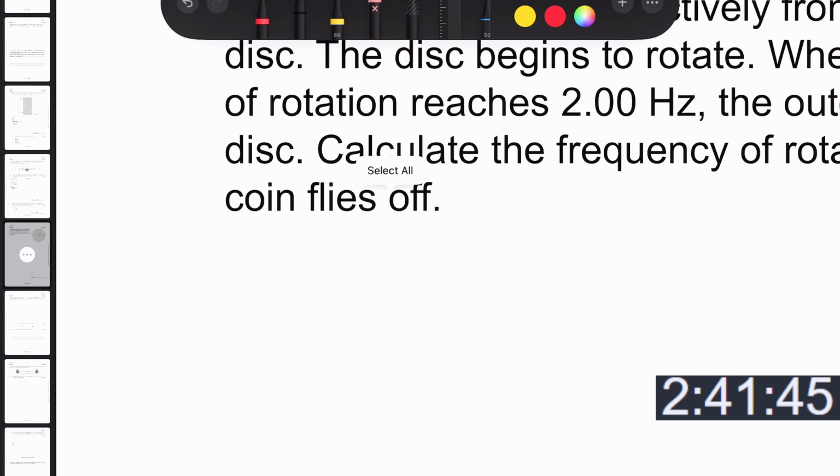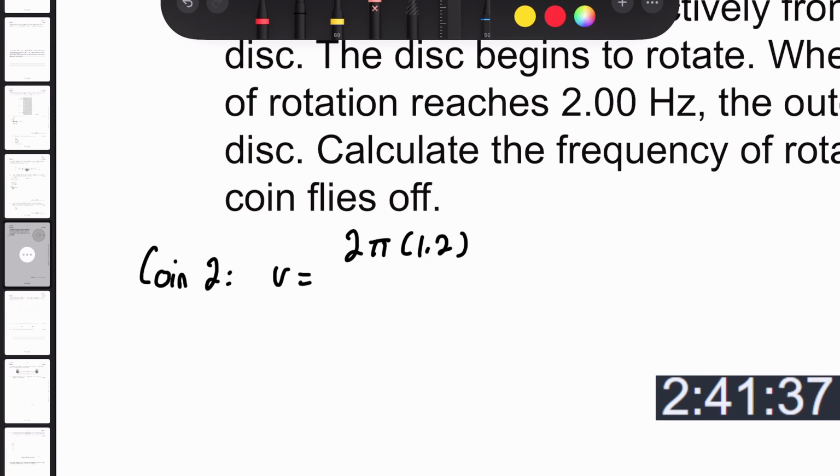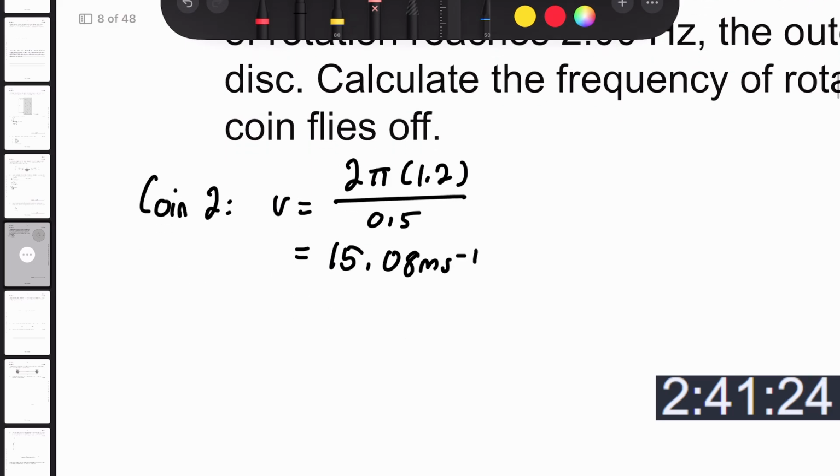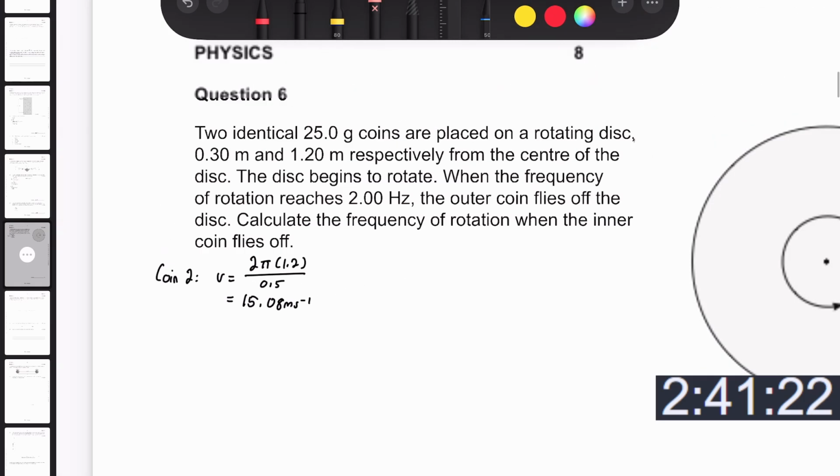So let's say V equals, coin 2, velocity equals 2 pi times 1.2 all over 0.5. So this would be 15.08 meters per second. So I'm going to find the centripetal force because that's going to equal the frictional force.